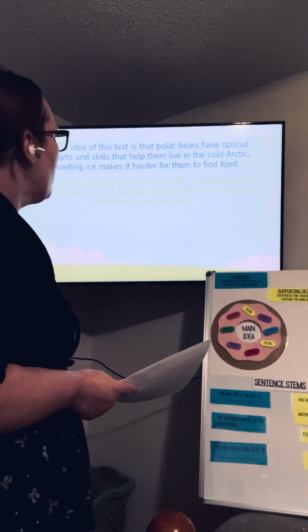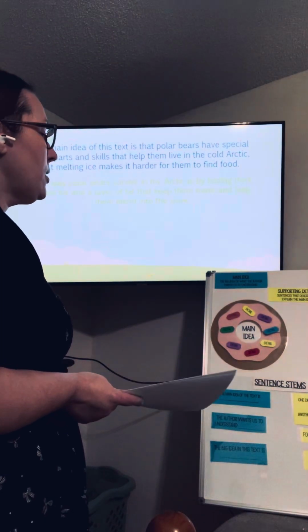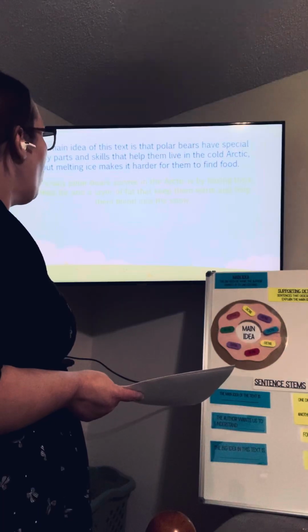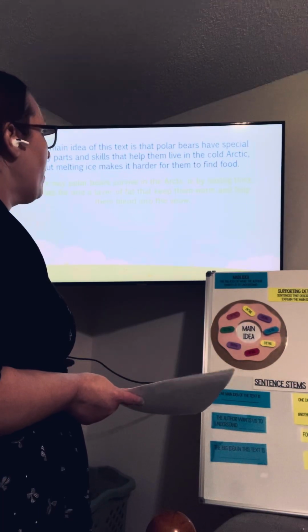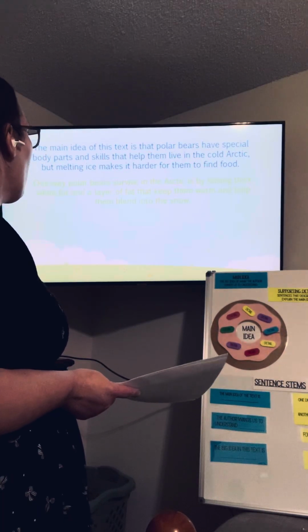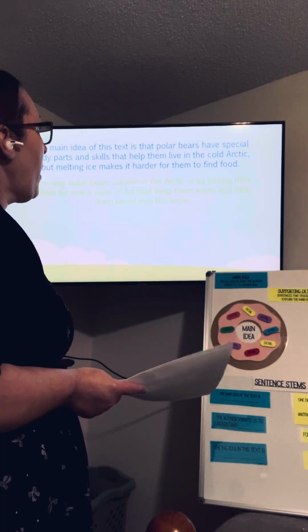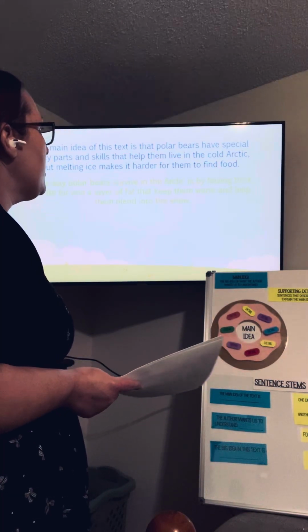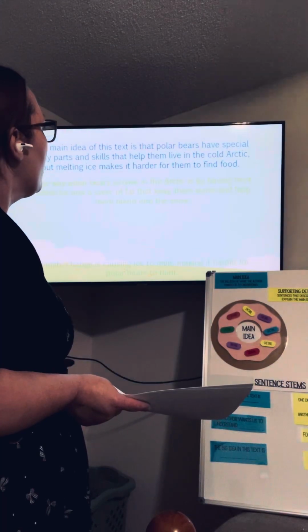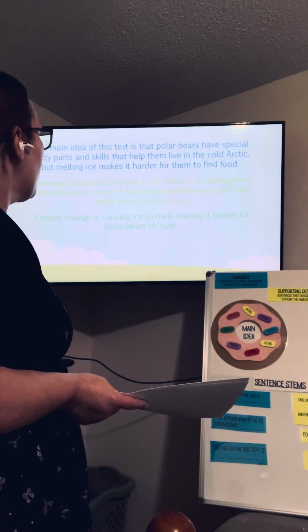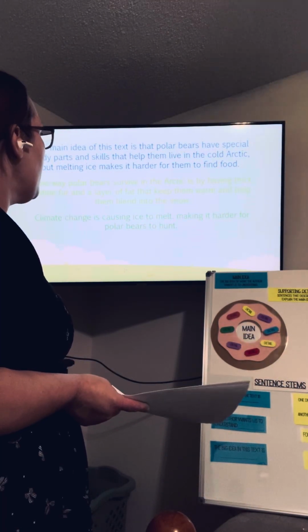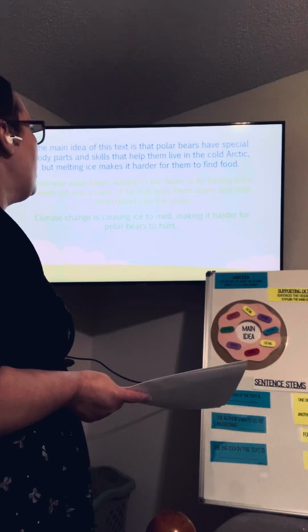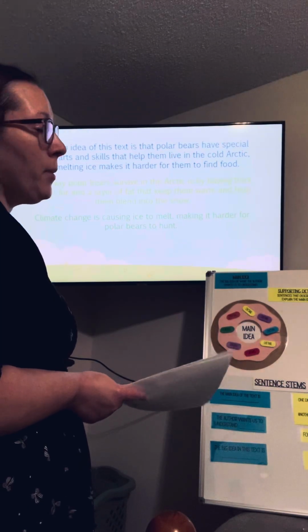And let's go with the first supporting detail. One way polar bears survive in the Arctic is by having thick white fur and a layer of fat that will keep them warm and help them blend into the snow. And our second supporting detail, climate change is causing ice to melt, making it harder for polar bears to hunt.